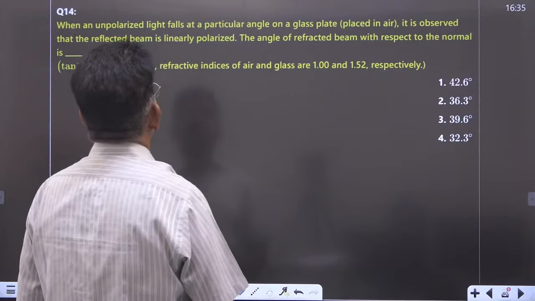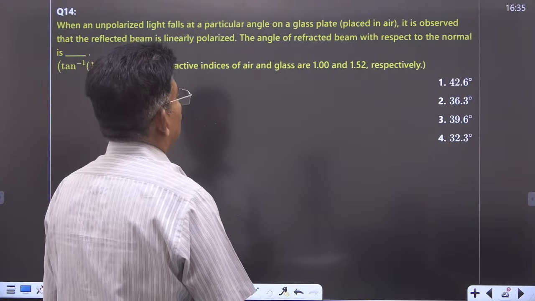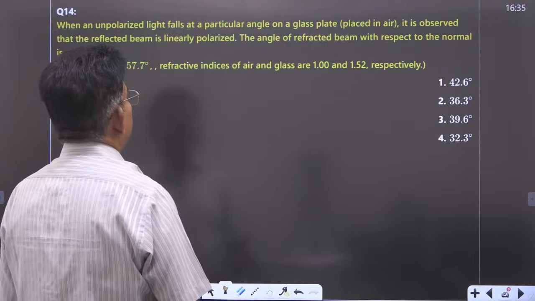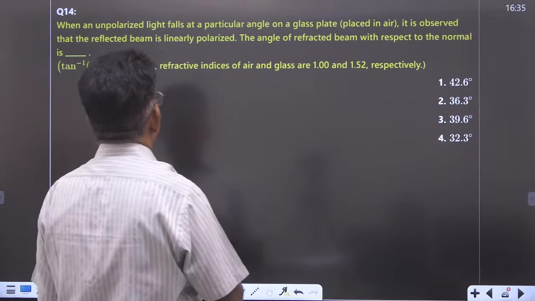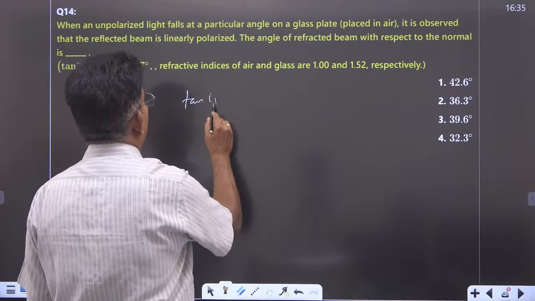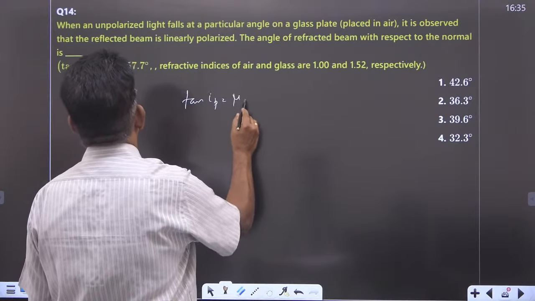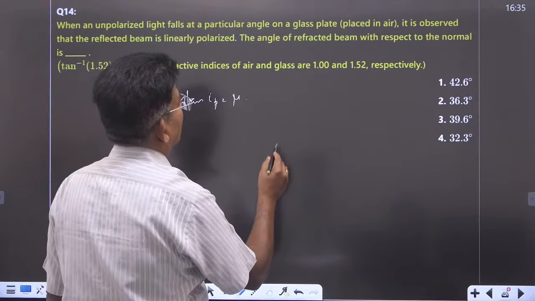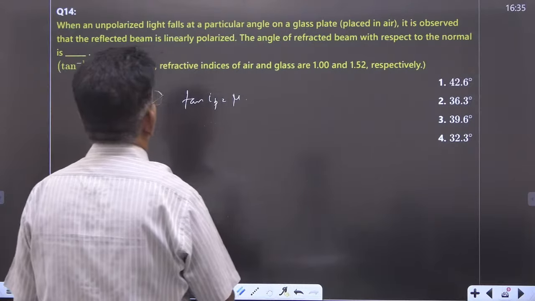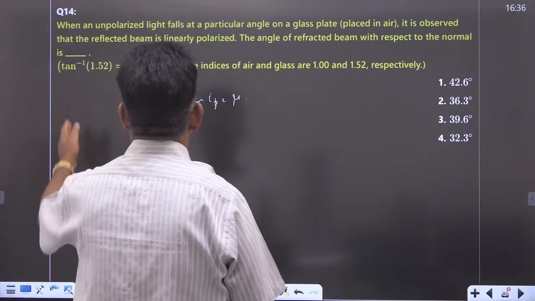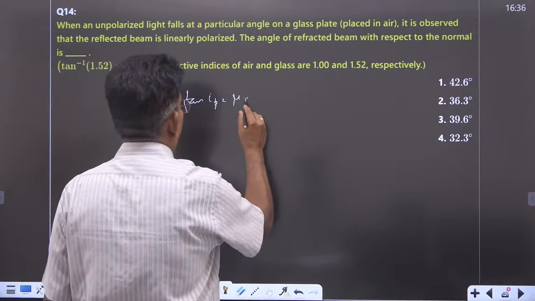Okay, when unpolarized light at a particular angle placed in air is observed, the reflected beam is linearly polarized. This happens when tan of the polarizing angle is equal to mu, isn't it? It is given that refractive index of air and glass are 1.0 and 1.52. So mu is 1.52.